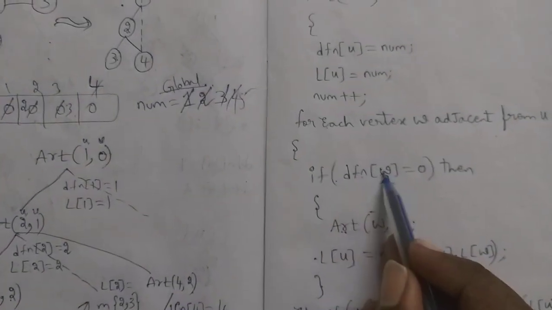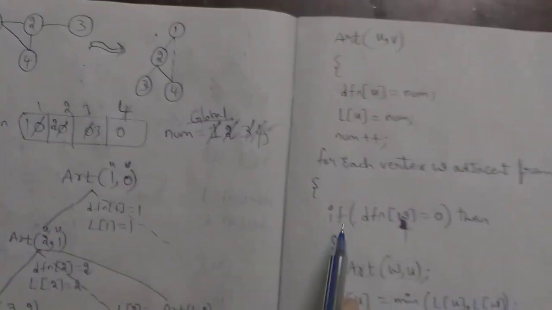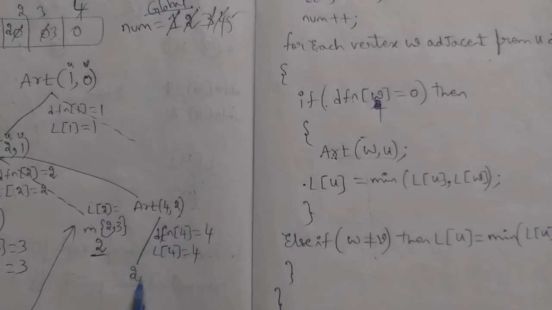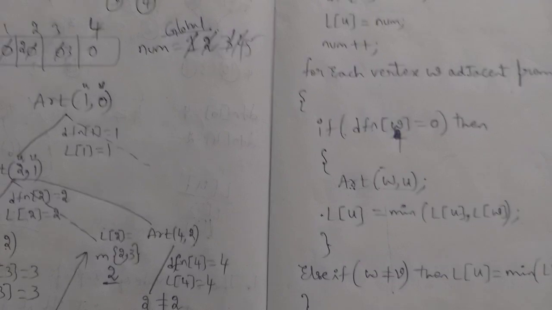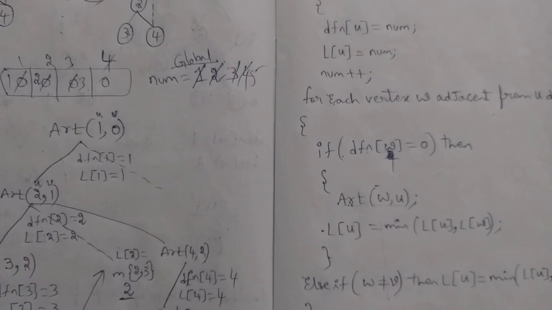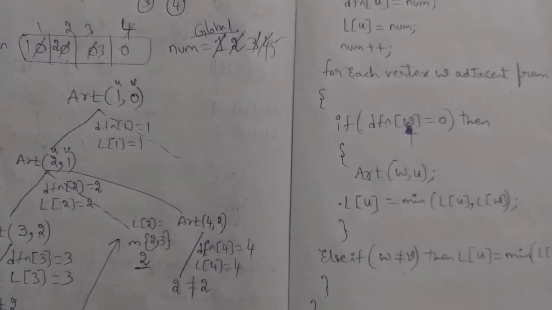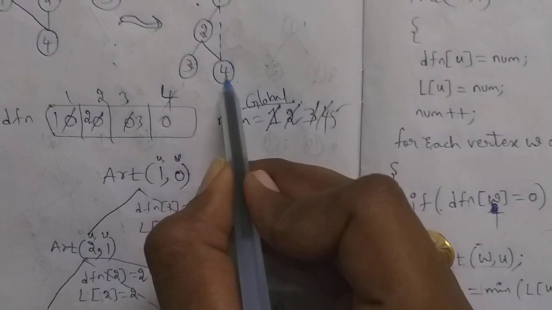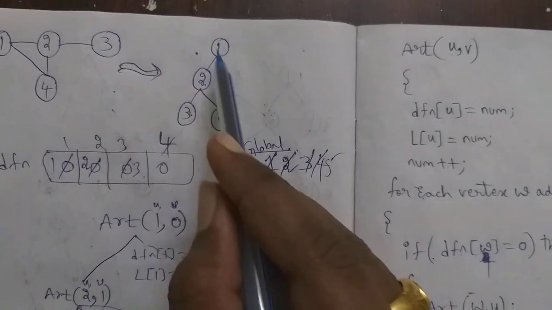If the depth first number of 2 is equal to 0, no, depth first number of 2 is not equal to 0, control comes here. Else if W is not equal to V, which is W only, W is not equal to, is it correct? No, it is not correct. But for the vertex 4, it has also one more adjacent vertex, which is 1, in the form of back edge.